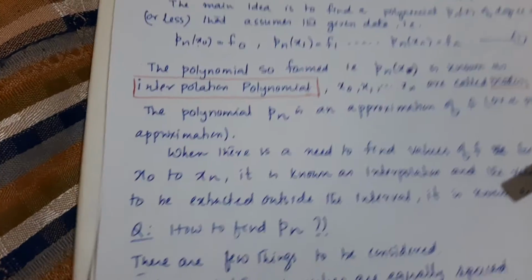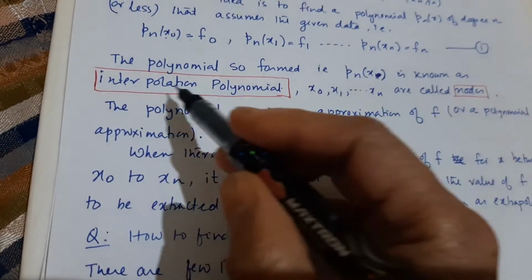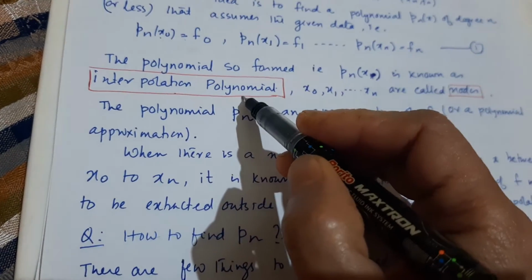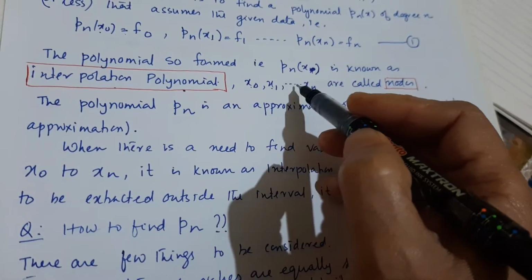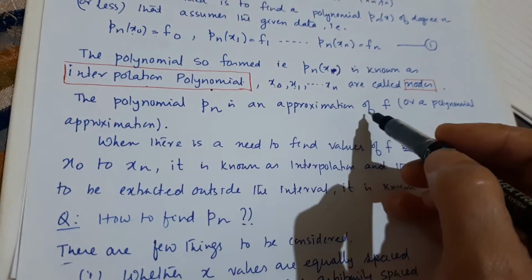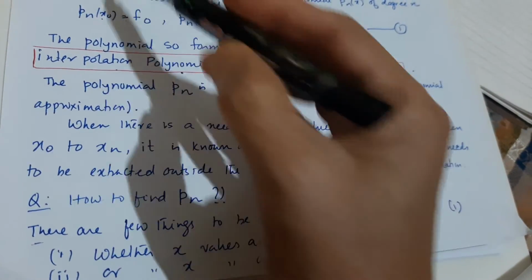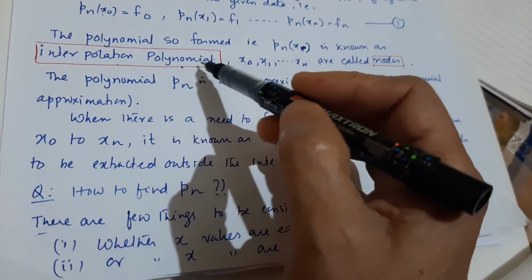The polynomial so formed, that is Pn of x, is known as the interpolation polynomial. And these values x0, x1 and xn are called nodes. The polynomial Pn is an approximation of the function, a polynomial approximation. So this function is approximated by this interpolation polynomial.